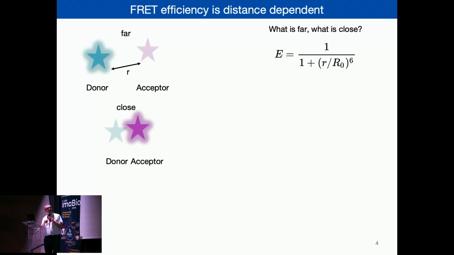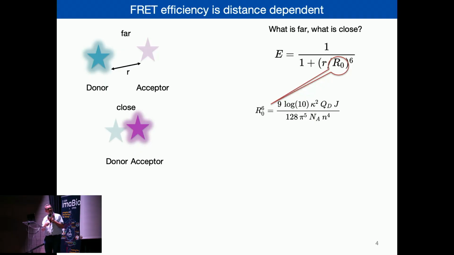This is depending on a distance, but this efficiency is basically 1 over r to the power of 6 dependent. And if you look at this equation, everything comes down to this one special value in there, R0. And that is the so-called Förster radius. And this was also derived by Förster back then already. And R0 to the power of 6 is exactly this kind of equation.